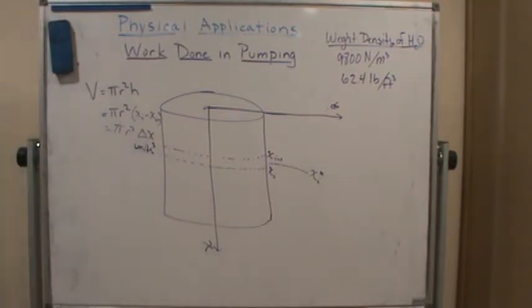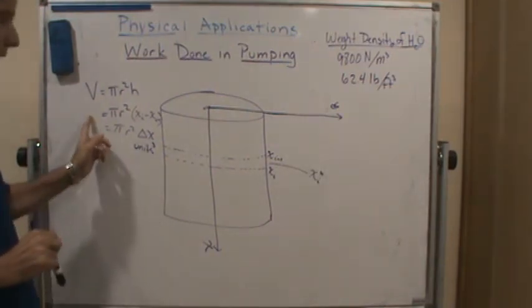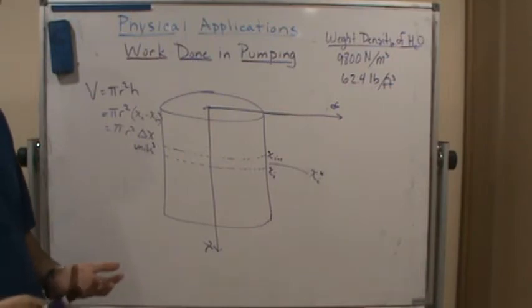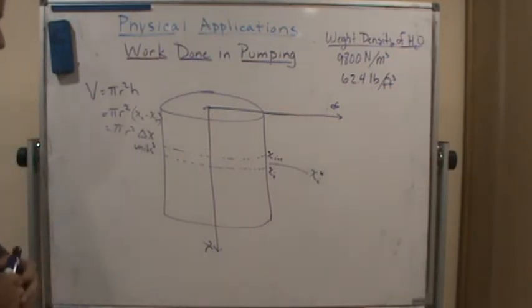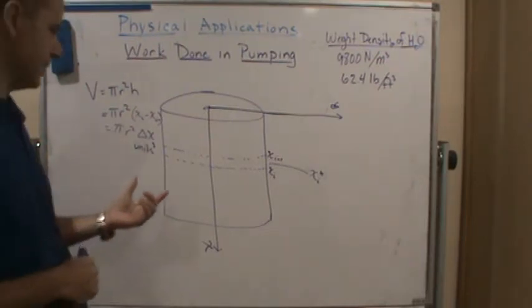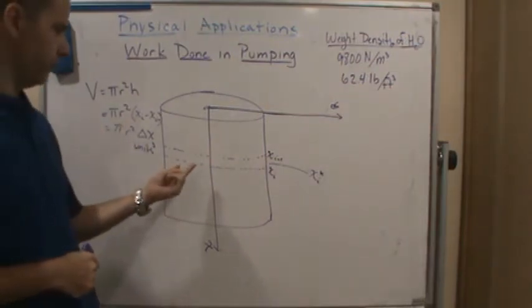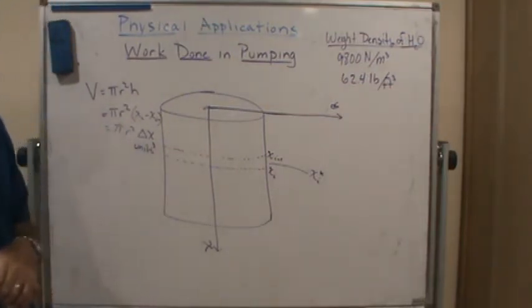Okay. Now, one other thing: we're dealing with volume. What are we trying to calculate? We're trying to calculate work. Before we calculate work, we need force, the amount of force needed to lift a volume of water up a certain distance, right?